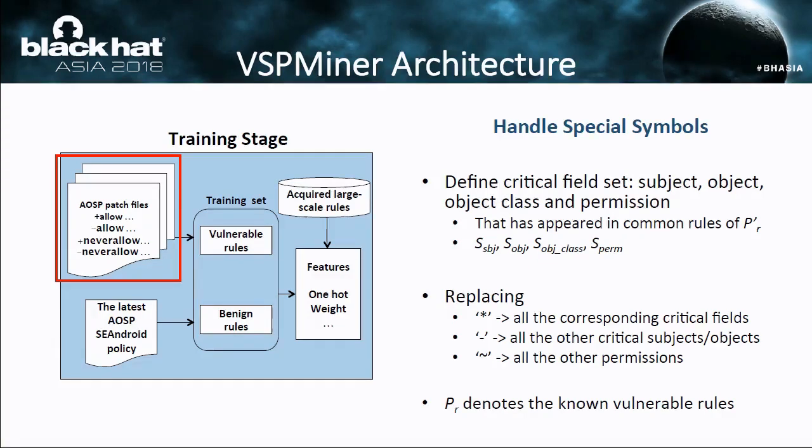As a result, we can get several sets that describe all the different critical field information. After we get these critical sets, we can replace the star, the dash, and the vertical line. For the star, we will replace it by all the corresponding critical fields. And for the dash, we will replace it by all the other critical subjects or operations or objects. And finally, we will get PR, which we define as the known vulnerable rules.